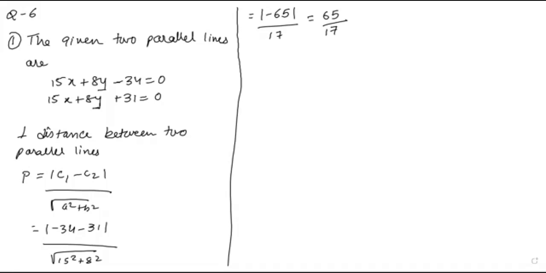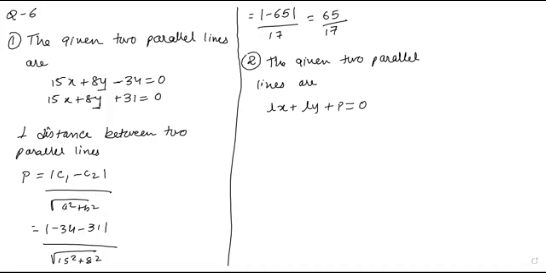Here in second subquestion, the given two parallel lines are Lx plus Ly plus p equal to 0, and another is Lx plus Ly minus r equal to 0.